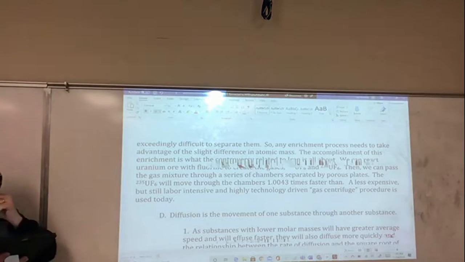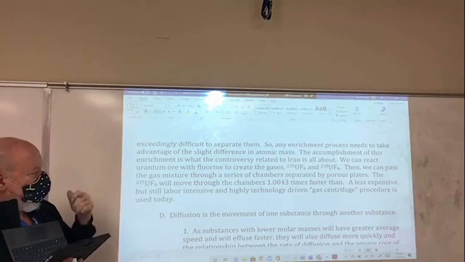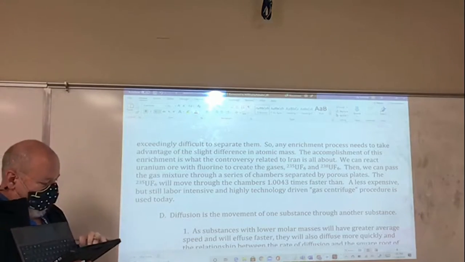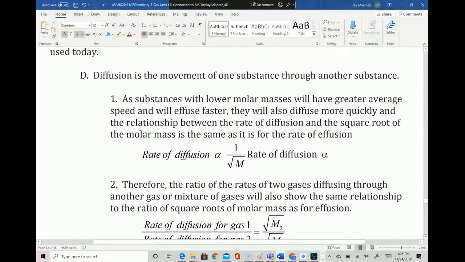But that's the controversy, and this is one of the utilities of this kind of a Graham's law kind of thing. So anyway, again, it's not to be political, it's just to show you that this is a very, very useful process, and it has global implications. Does that make sense?